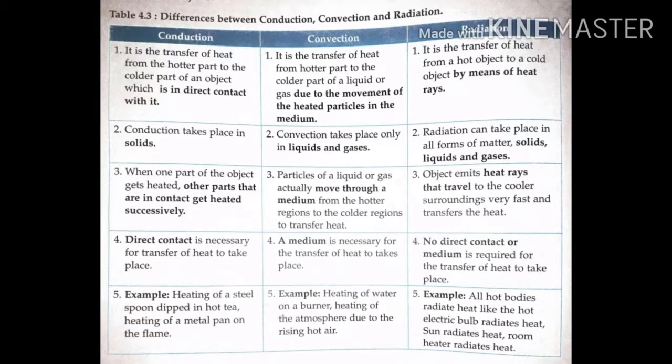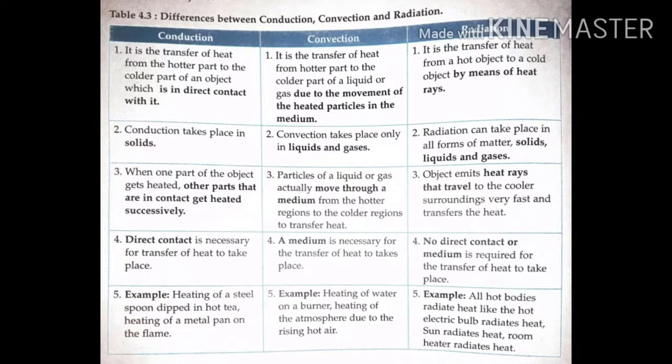And convection: the transfer of heat from a hotter part to the colder part of a liquid or gas due to the movement of the heated particles. So here heat transfers by movement of the heated particles in a medium. In conduction, it's direct contact. In convection, it's movement of the heated particles in the medium.